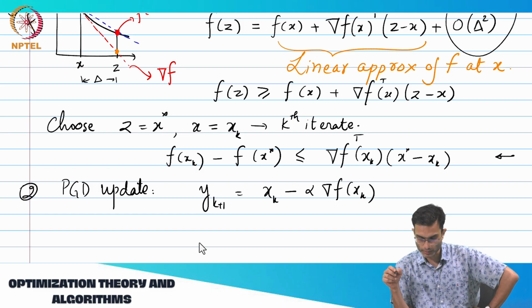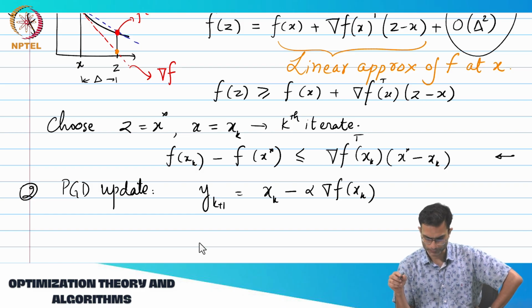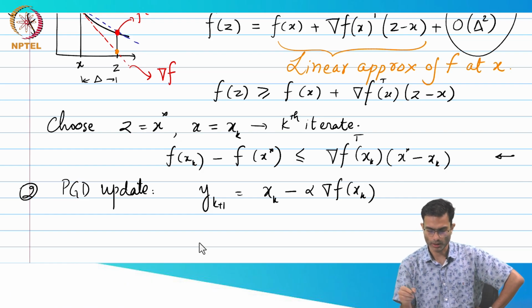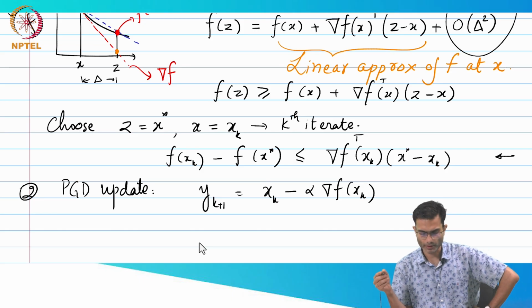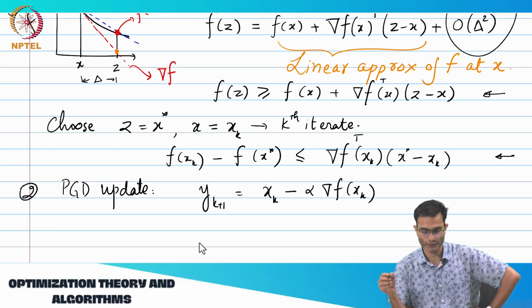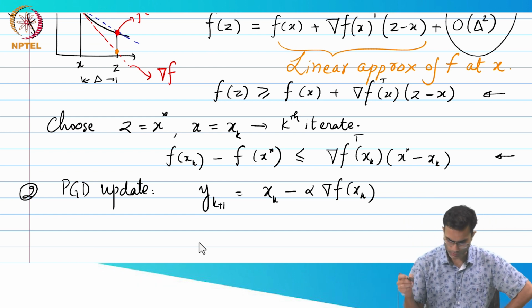I think it's fine, right? On the right hand side of this expression is f of x star. No, it's correct.